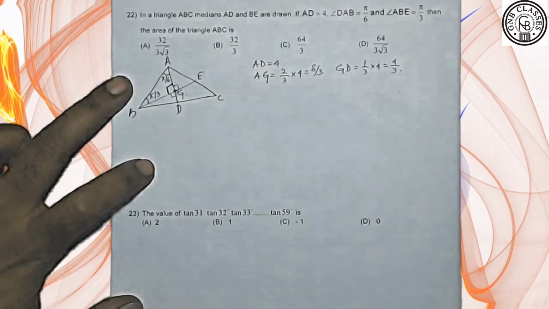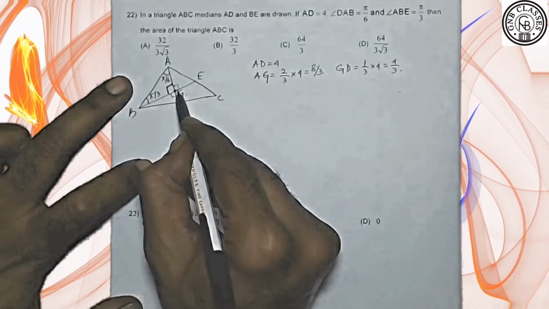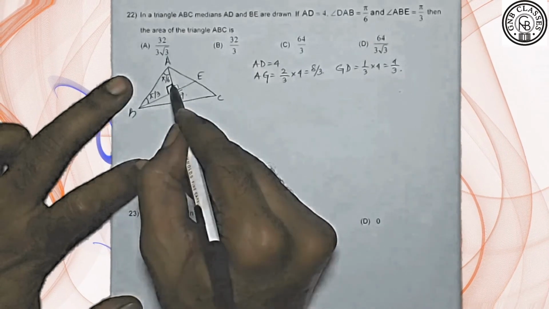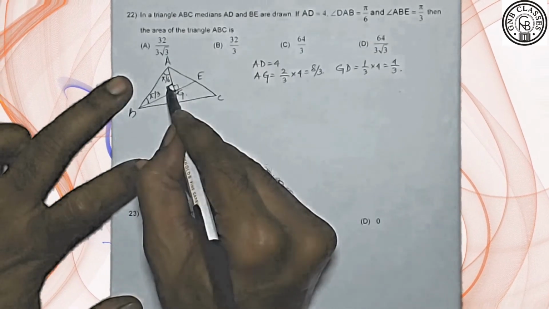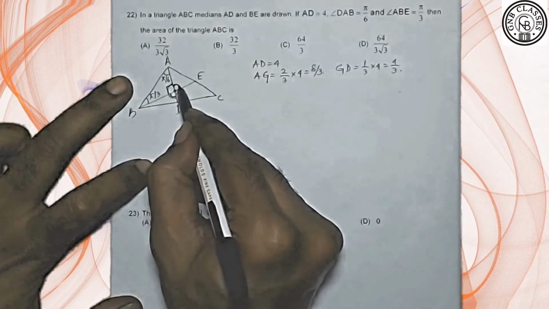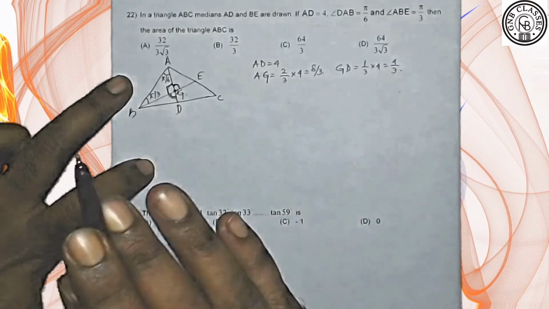Is it clear? It's very common sense, because as this is 90 degree, its opposite angle will also be 90 degree, vertically opposite angles. The whole angle is 180, so naturally this angle will be 90 as well, because they are vertically opposite angles. So all the angles made at G are 90 degree.